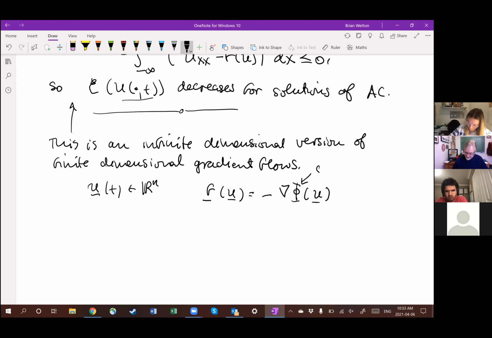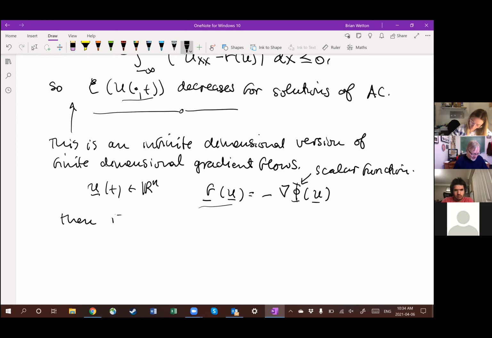So this is a scalar function. Say you had two components, u and v. So this would be a phi, a function of u and v. Its gradient would be a vector with two components, d phi du, d phi dv, right? And that would give you a vector right-hand side to an ordinary differential equation.